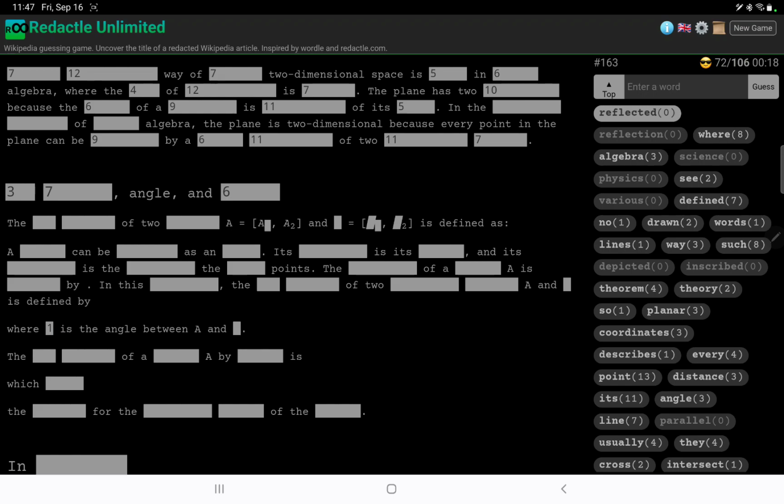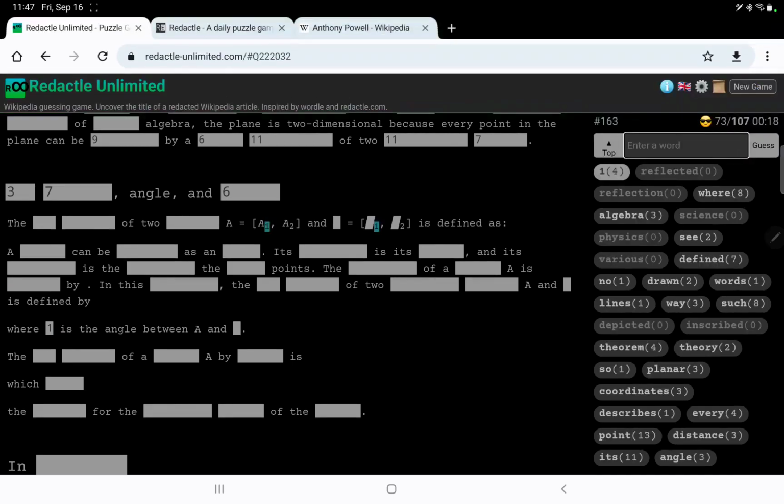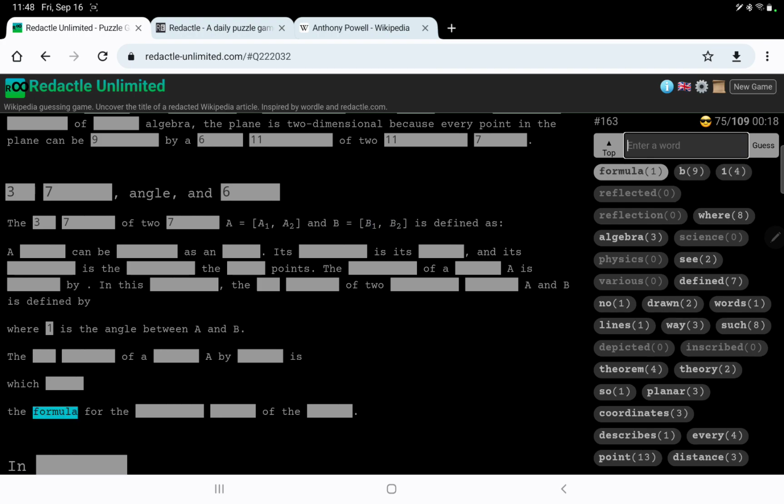Maybe not, but let's put in one. A1, let's try B, B1, B2. Formula. One formula. Okay, so we have some formulas missing here.